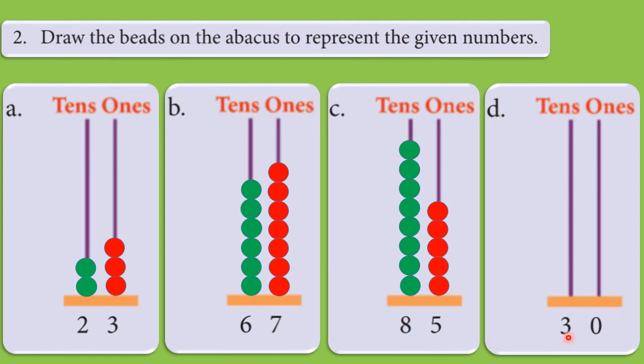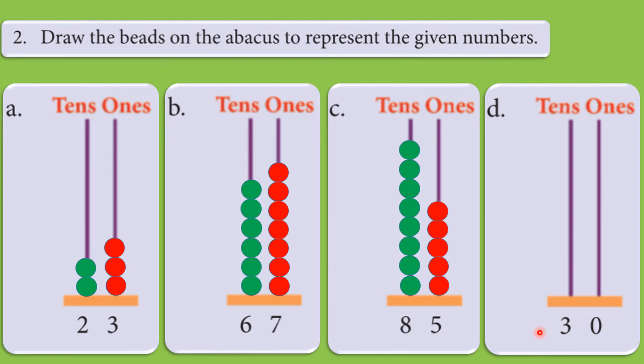Now let us move to D. Here the number is 30. So how many beads should we draw on tens place rod? Yes, we have to draw 3 beads. How many beads on ones place rod? Yes, we should not draw any bead on the ones place rod because the digit here is 0, which represents nothing.